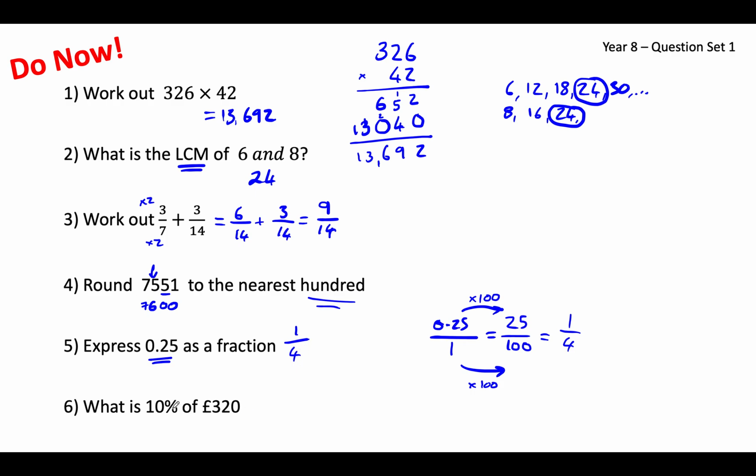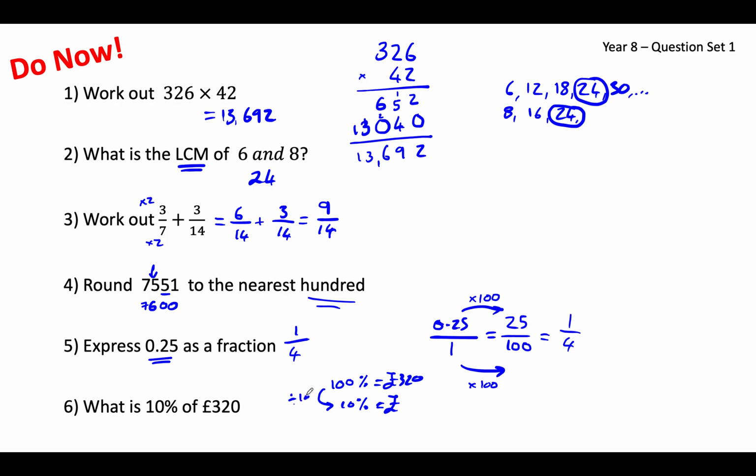Okay, 10% of 320. Well, 100% is all of your original amount. So 100% of my amount is still 320. Now I want 10%. Well, how do I go from 100 to 10? How many tens go into 100? What have I got to divide it by? Well, actually, there are 10 tens in 100.